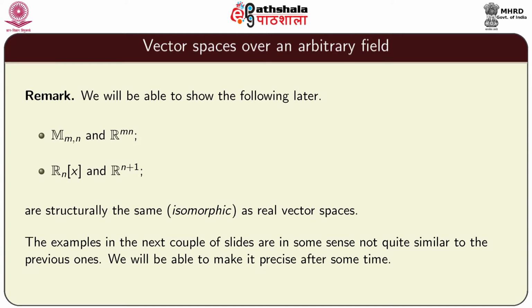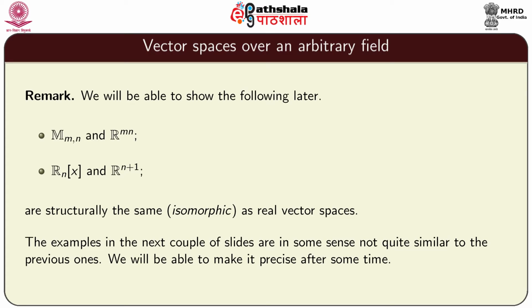So, if we can actually identify these mn matrices and the mn tuples, then we will be able to show that the map through which we identify these two sets will have some speciality, in the sense that those maps will be structure preserving.